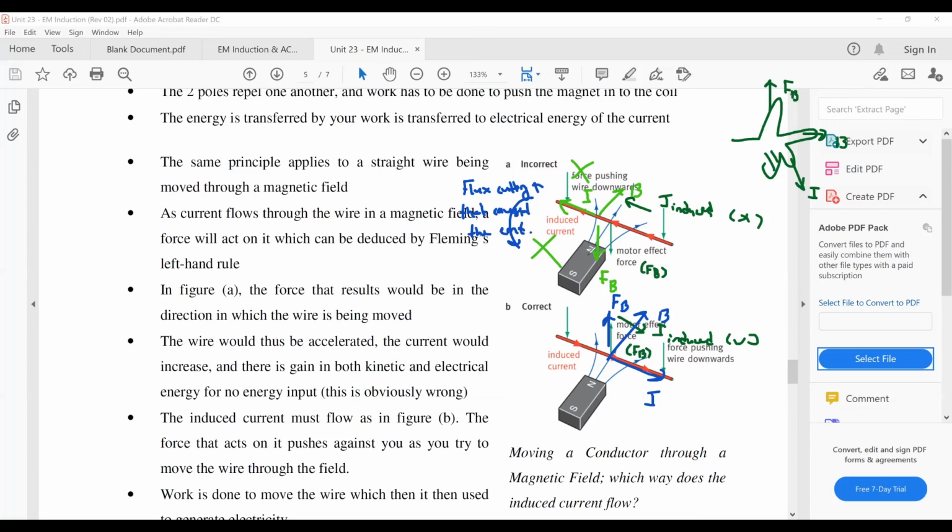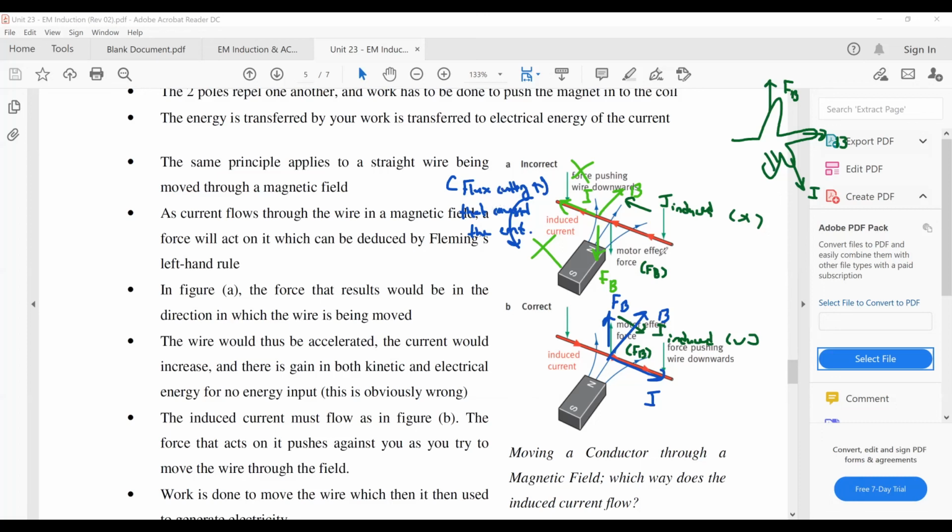Okay, so Lenz's law will tell you you will try to flow in such a way to oppose the flux change that causes it. In this case, the flux change is increase in flux cutting. So whatever current that flows will be in such a way to oppose this flux cutting increase. It will try to prevent more flux from being cut.